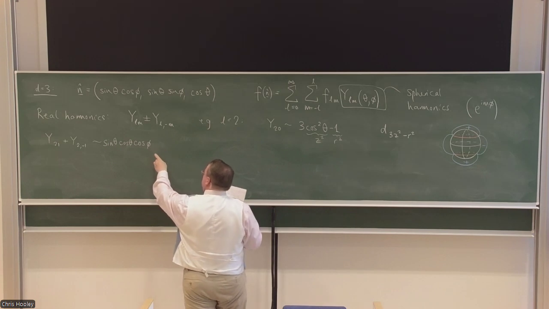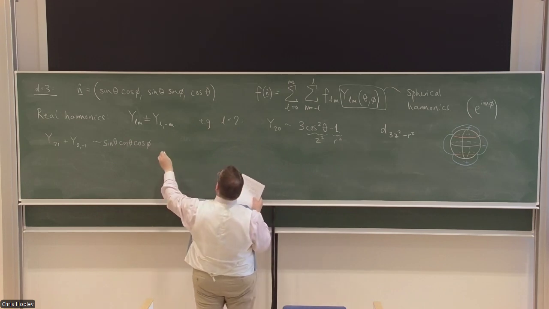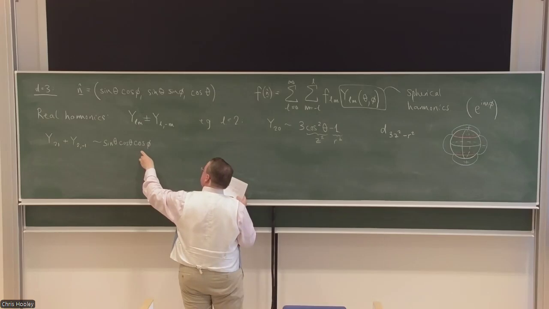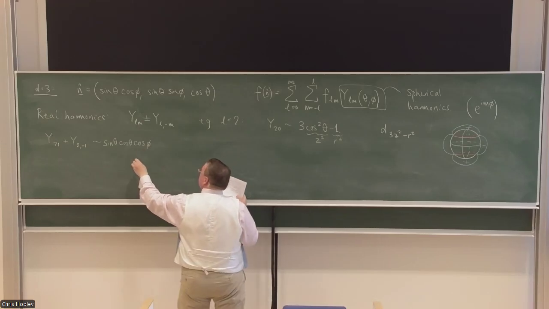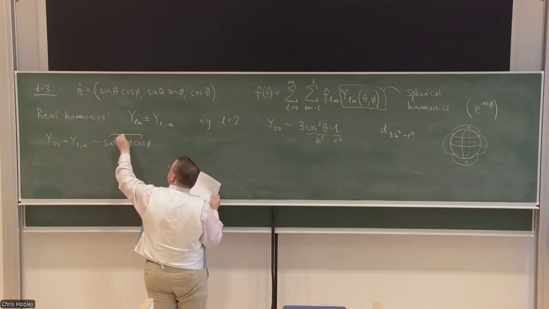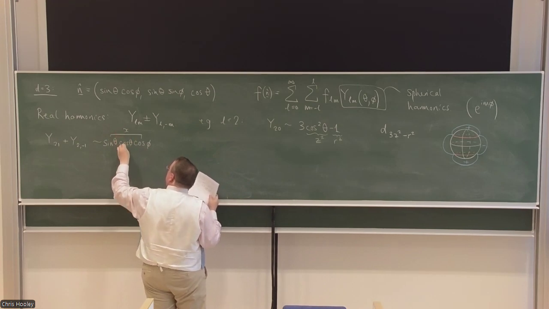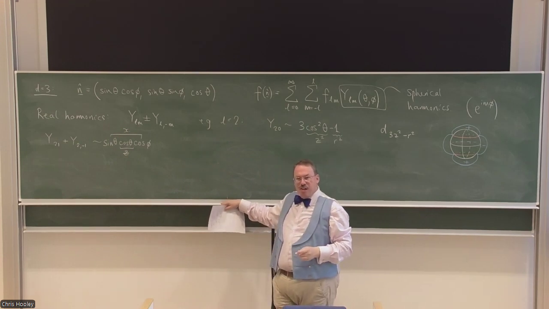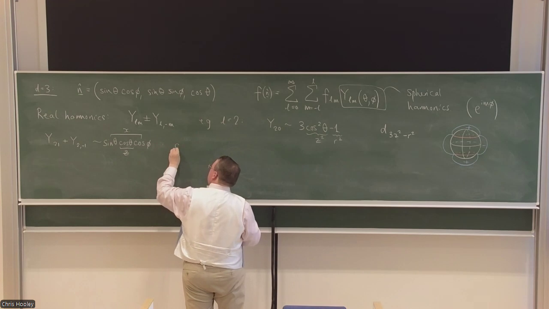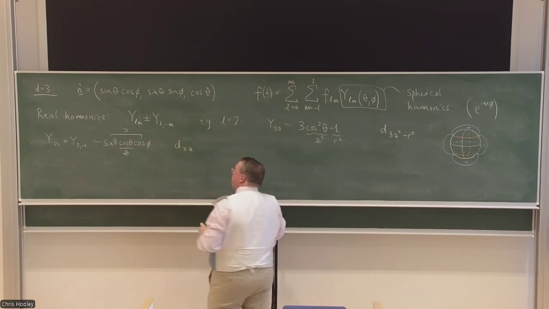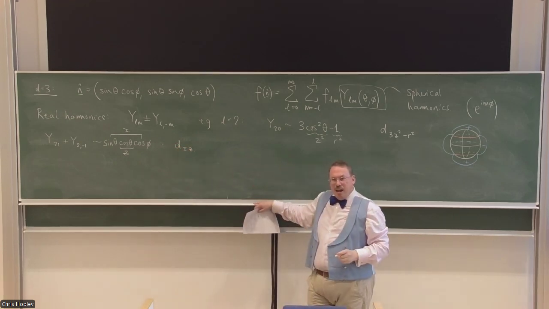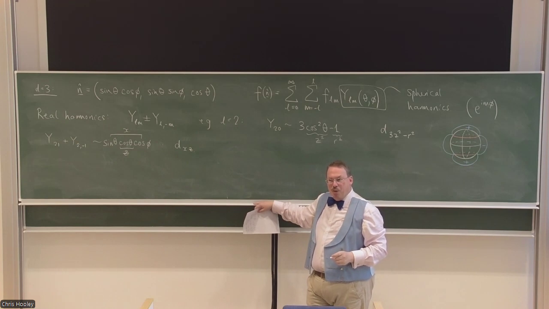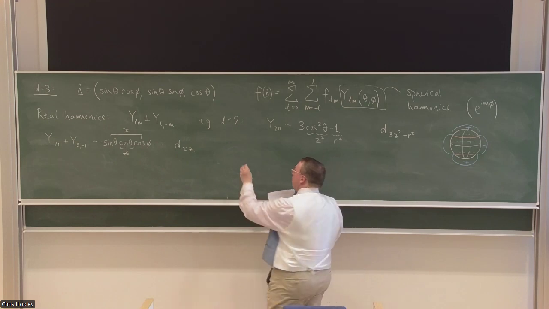So if I draw this, what I can do is to note where its zeros are. These two factors taken together look like x. This factor looks like z. So this thing vanishes where the product of x and z vanishes. And so this is d xz. And you can sort of draw it by noting that it's 0 when x equals 0 and it's 0 when z equals 0.